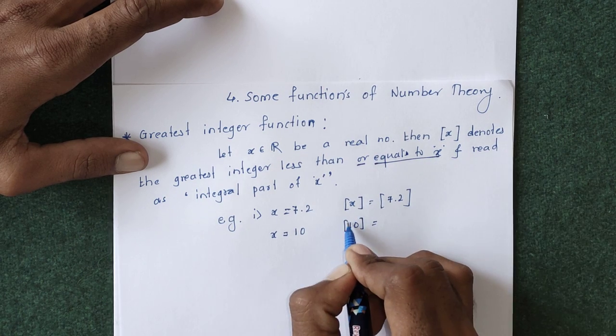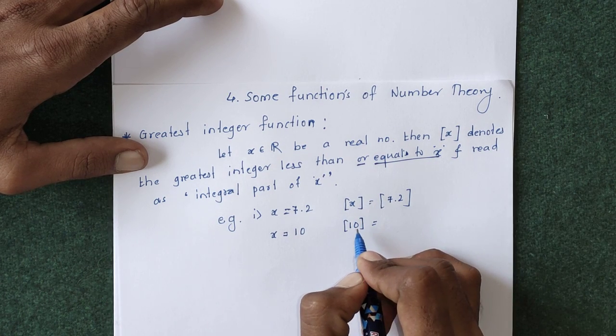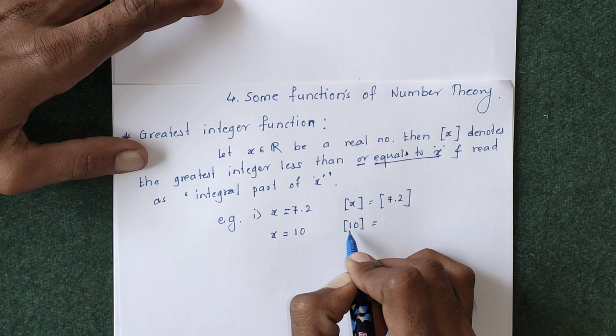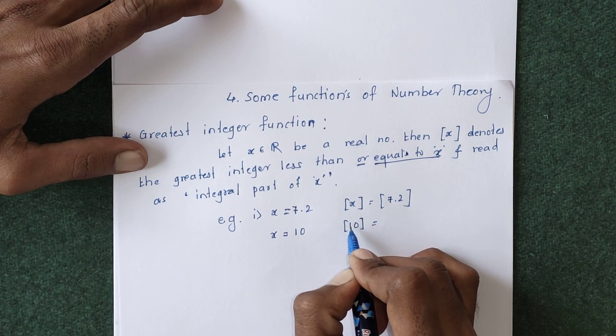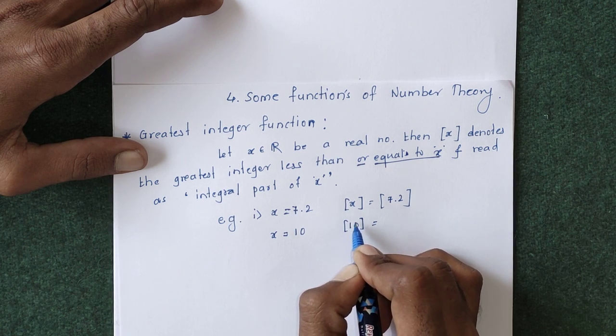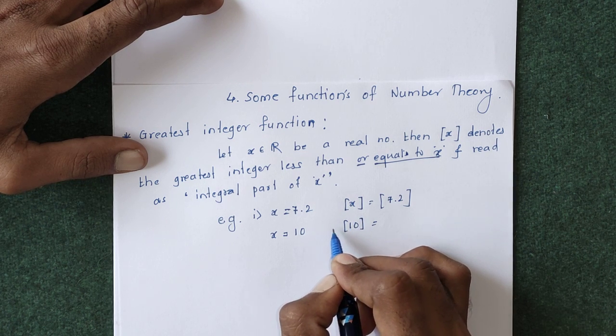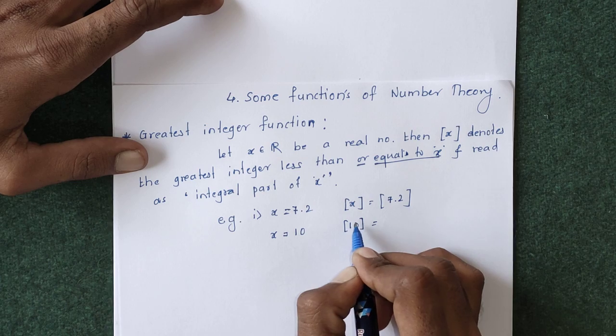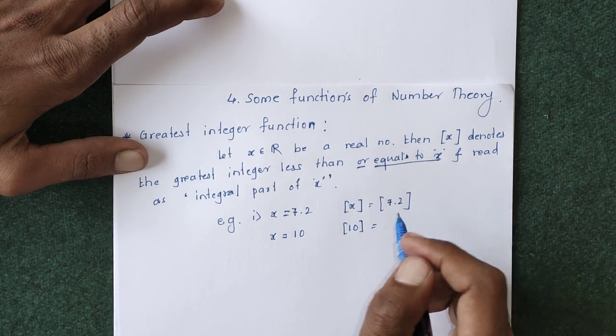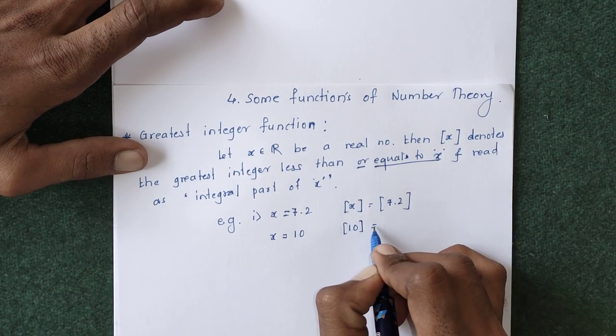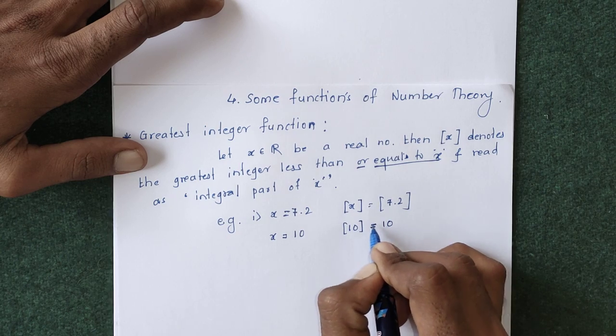So here x is equal to 10. To find the greatest integer function, we have to find the greatest integer less than or equal to x. So for x equal to 10, the integers less than or equal to 10 are 8, 9, 10. So 10 is the greatest among all the integers which are less than or equal to 10. So the greatest integer function of 10, or integral part of 10, is 10.